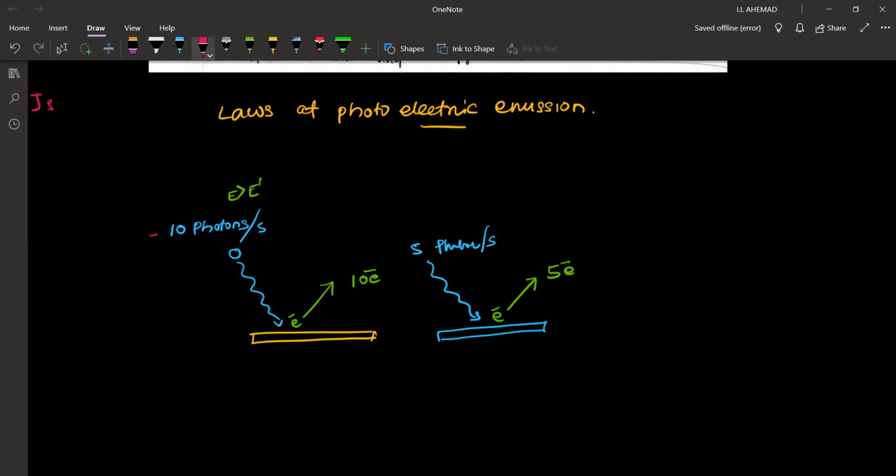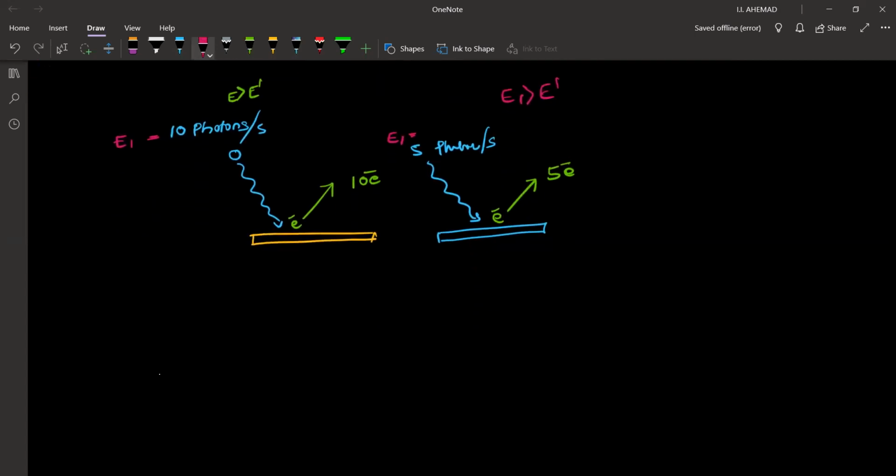So let's say this is E1. The energy of this photon is E1. This is also E1, and E1 is greater than E dash. Again, we have the same metal surface, and this time we incident photons of energy E2, at the same intensity, 10 photons per second.